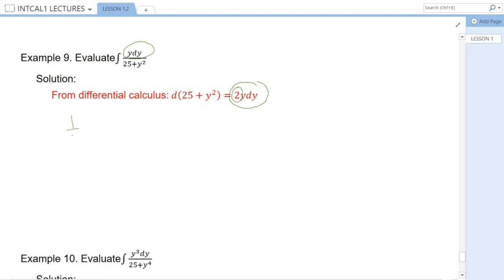Okay, so that is 1/2 the integral of 2y dy over 25 plus y squared. So getting the integral, that is 1/2 the ln of the denominator, which is 25 plus y squared, plus c. So that is our final answer.